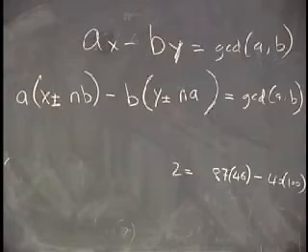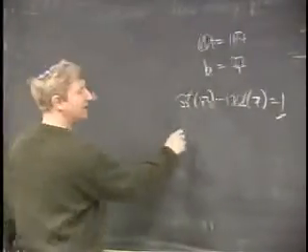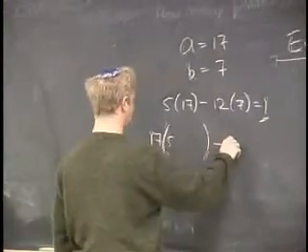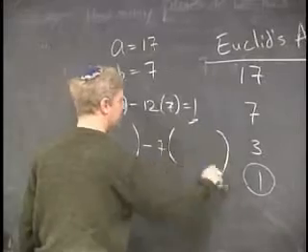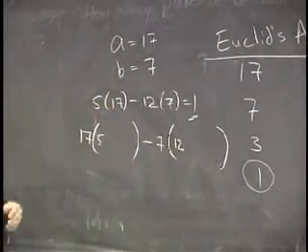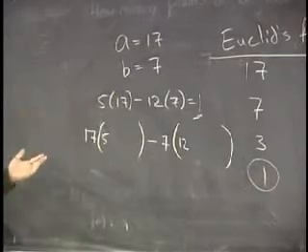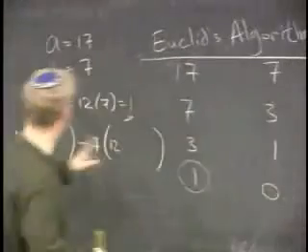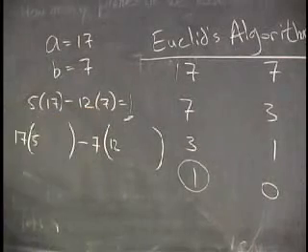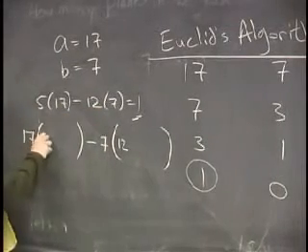Let's do an example over here. Just use the abstraction to help you here. We've got 17 times 5, and we've got 7 times 12. And we're going to use this identity and add on multiples of b here. So multiples of 7. Pick any multiple you want, your favorite multiple of 7.